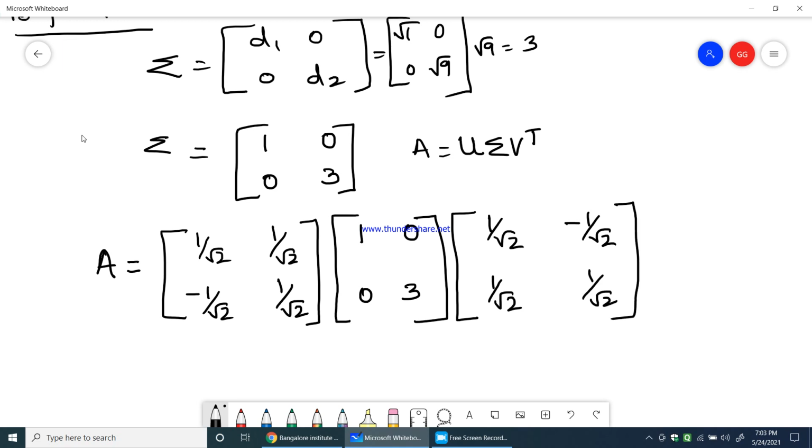So this is the solution for this problem, which is singular value decomposition.